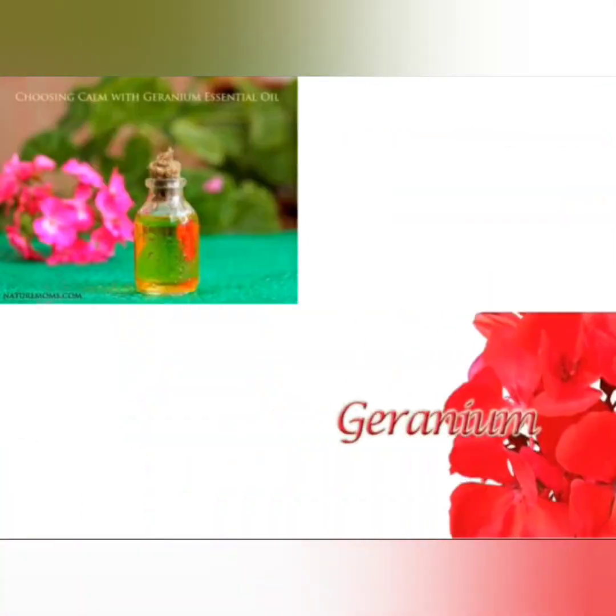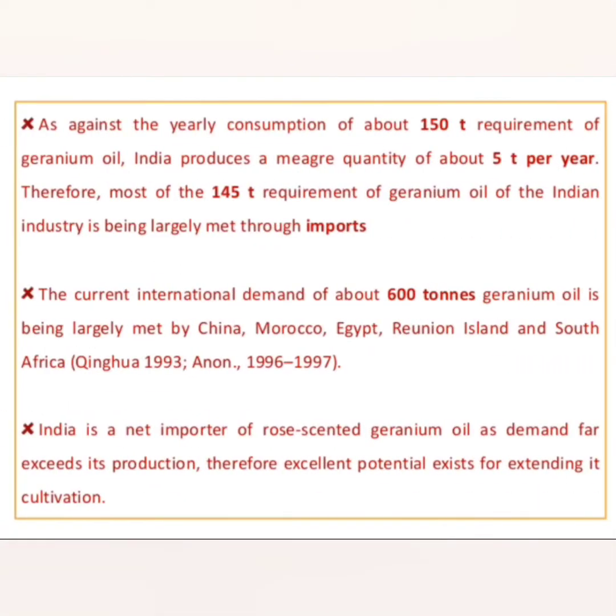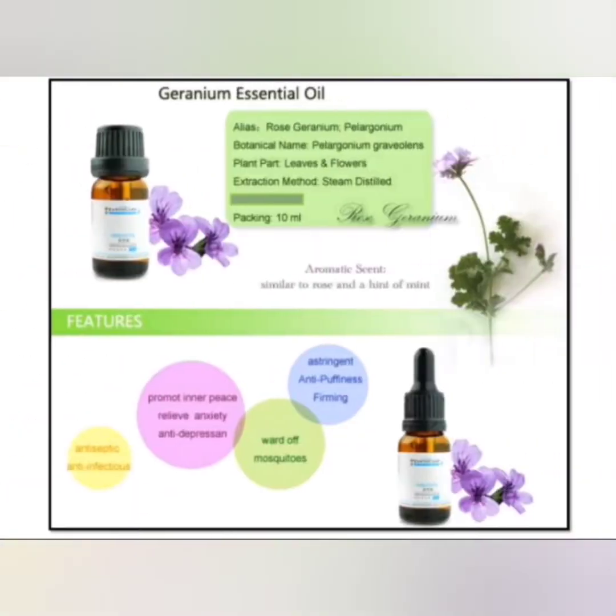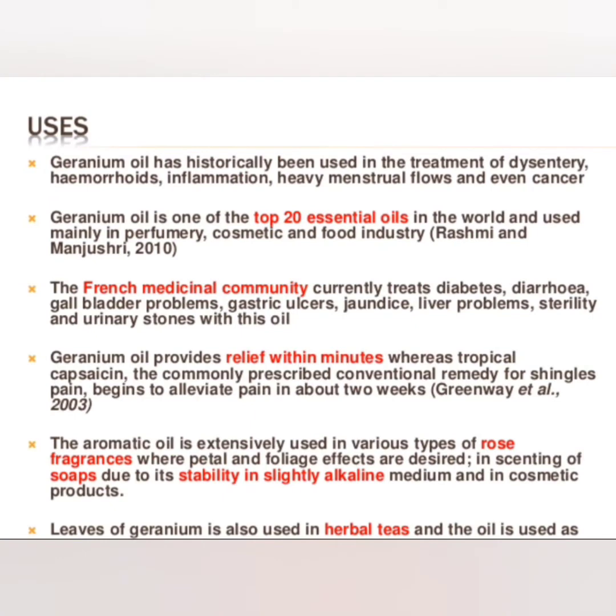So let us study some of the important uses of this particular crop plant. Now the important uses of geranium, you can see that we can obtain oil. Oil can be extracted from this plant, and the geranium oil has historically been used in the treatment of many diseases.